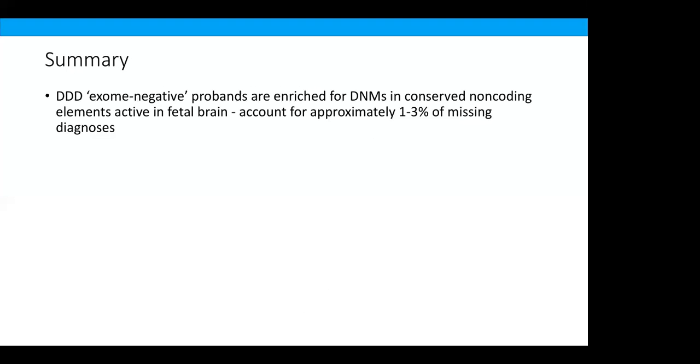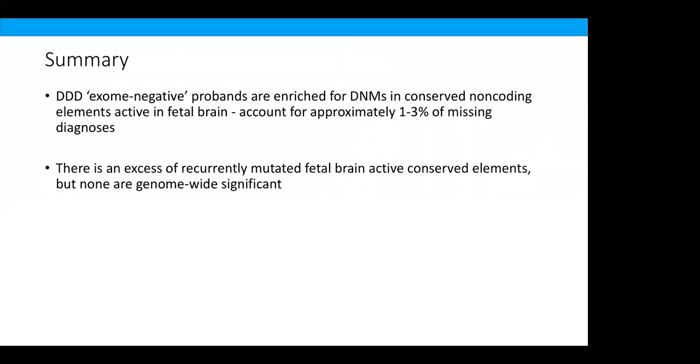So just to summarize quickly, the first thing is that when we look in the exome negative probands, those are the ones without a diagnostic mutation in a protein coding gene, we see a 30% excess in the fetal brain active conserved elements, which accounts for approximately 1 to 3% of the missing diagnoses in this cohort.